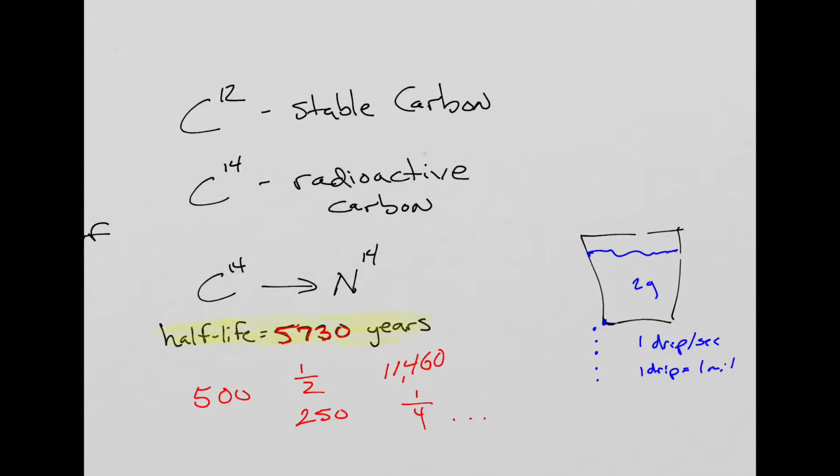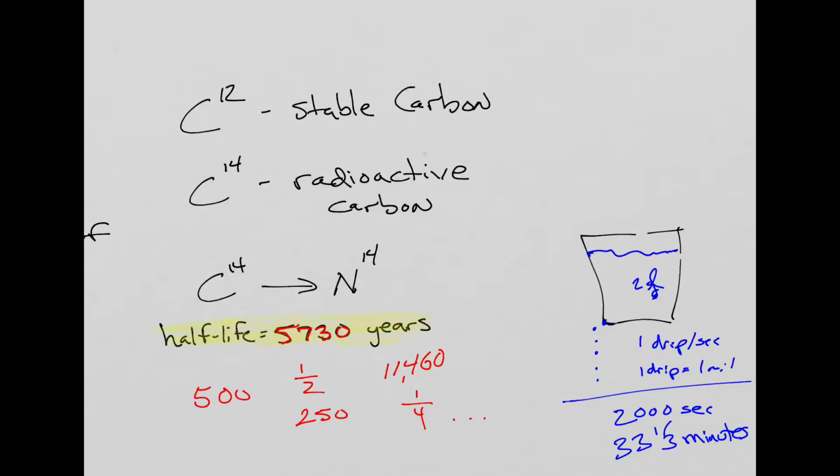If it dripped out at 1 drip per second, you could then do a quick calculation. It would take 2,000 seconds for this to be empty, or about 33 1/3 minutes.